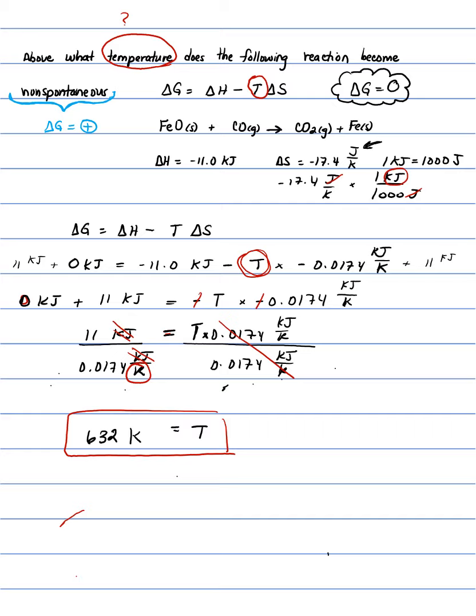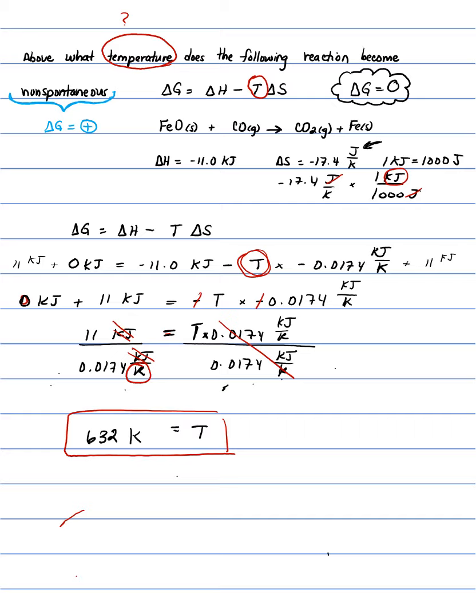So you're calculating a number that is 632, which means that at 632 you get a delta G that is 0, not positive, not negative, right? We set up that delta G as 0 in the beginning for us to be able to solve for that temperature using the equation.